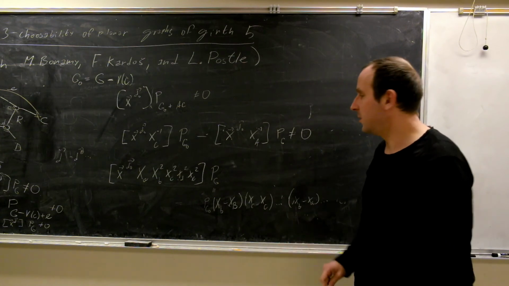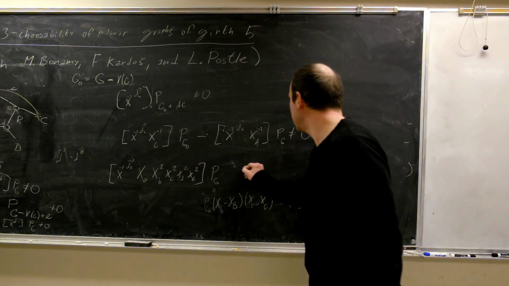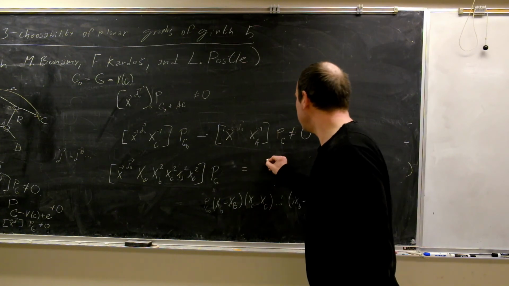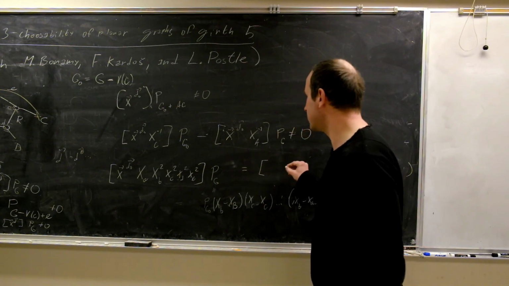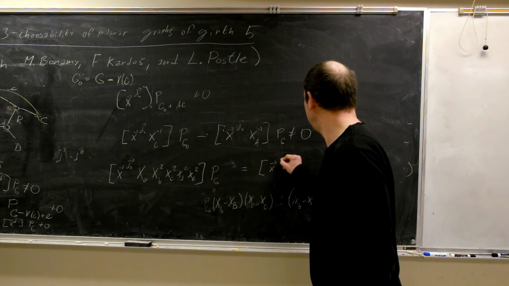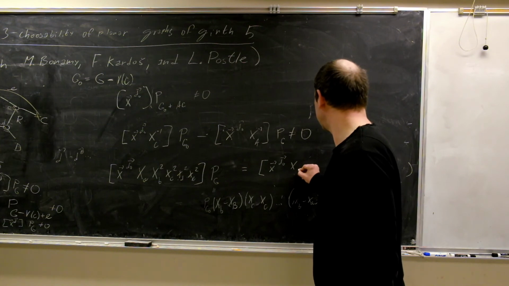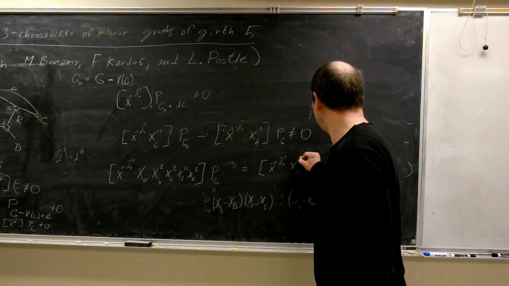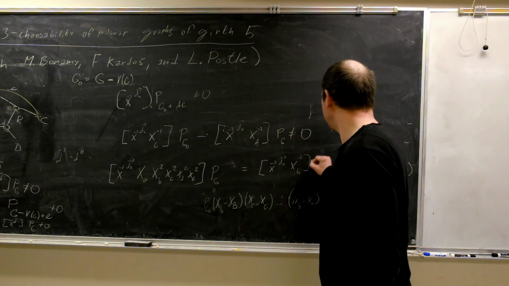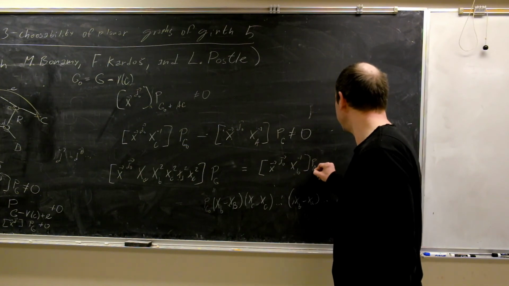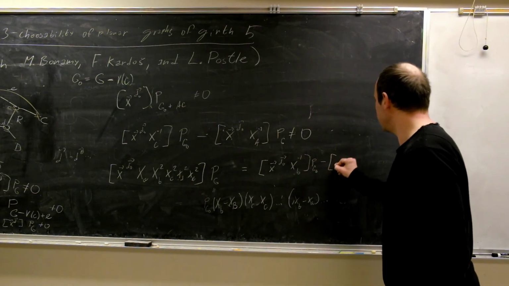So if you calculate the things, you will realize that this is the same as a difference of coefficients of the polynomial of G0.